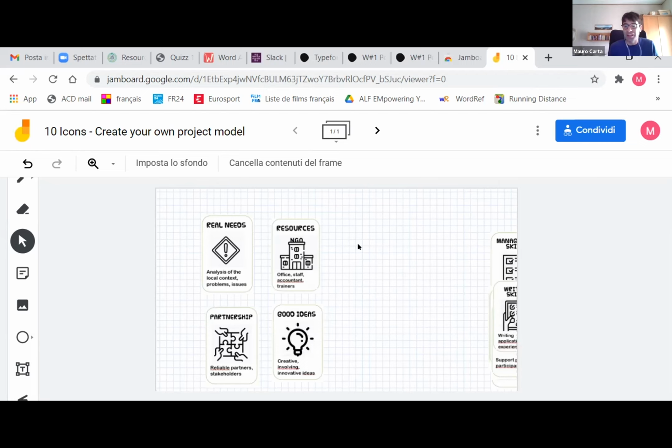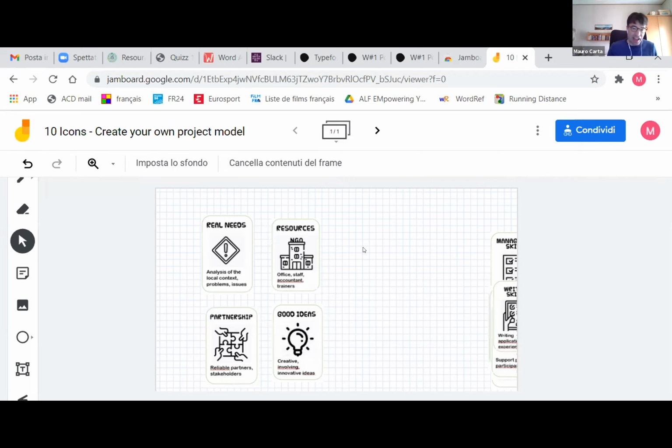Of course, fun is also an element that can attract participants, but the real purpose of our projects is to address specific needs, specific challenges, either of our organization or our local community.